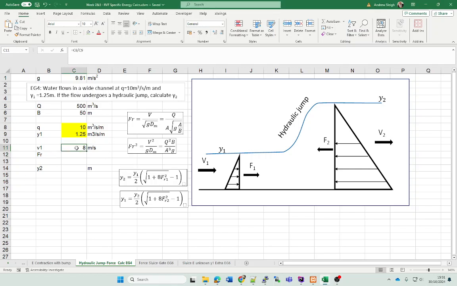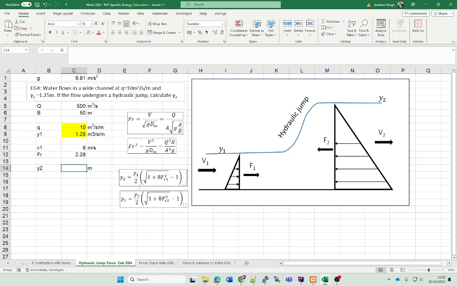So velocity is 8 meters per second, Froude number is equal to the velocity, which we've just calculated, divided by the square root of g times the depth, y1, 2.28. So it's very fast, very supercritical, well over 1.